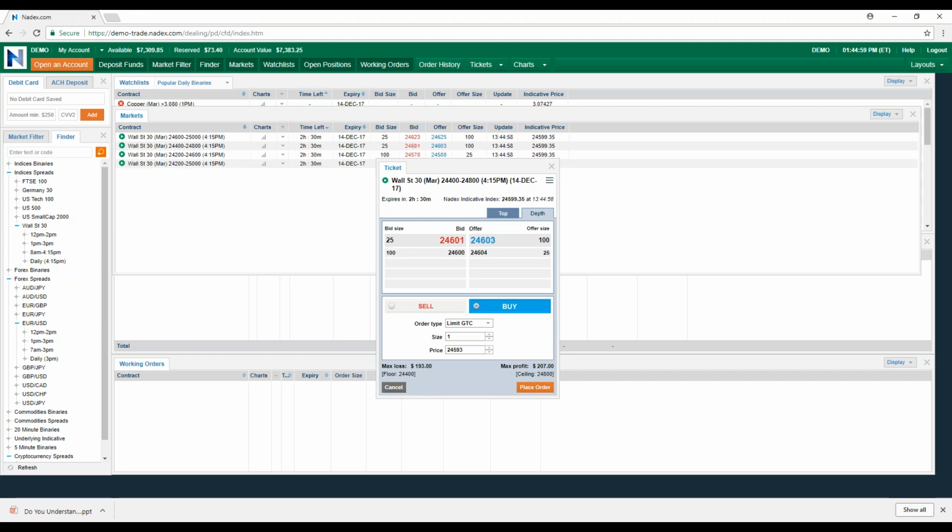I want all of us to understand that, but particularly you binary traders that are used to looking at that number as your all or nothing risk amount at expiration. You have to think differently and set that aside and realize that's not how it works with Nadex spreads. It's $1 a point, whether in your favor or against you.